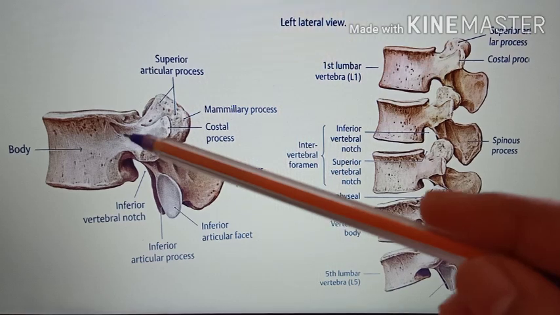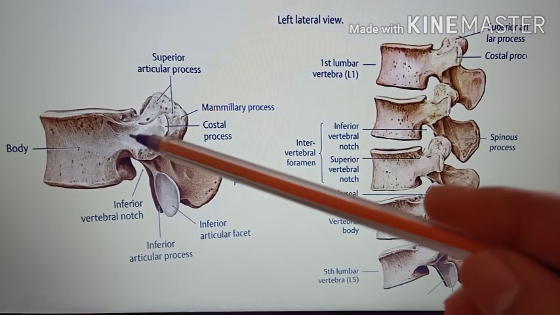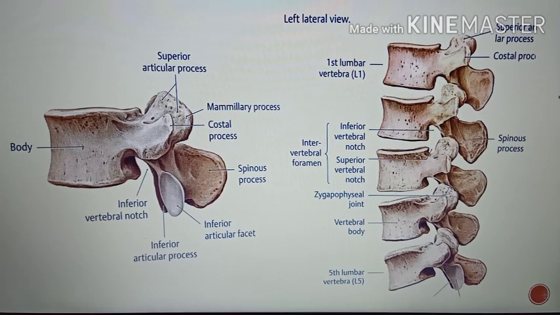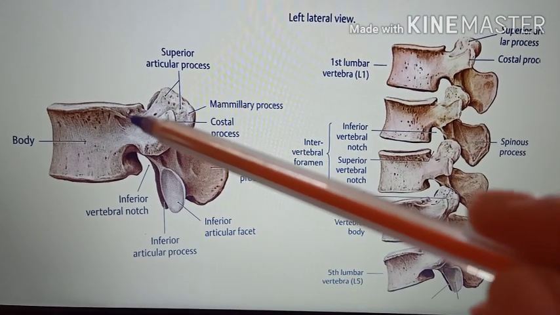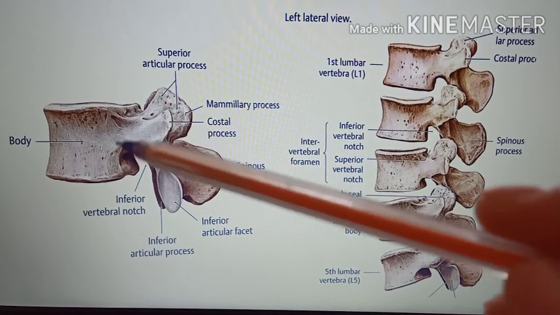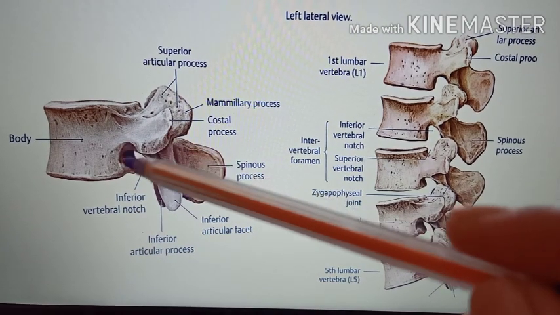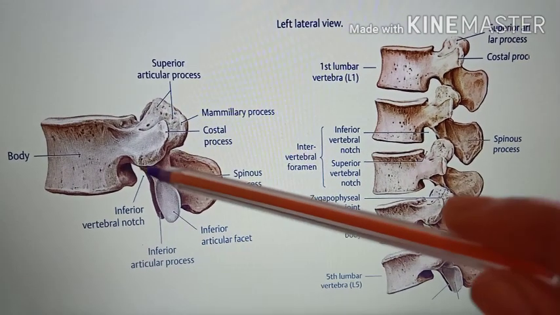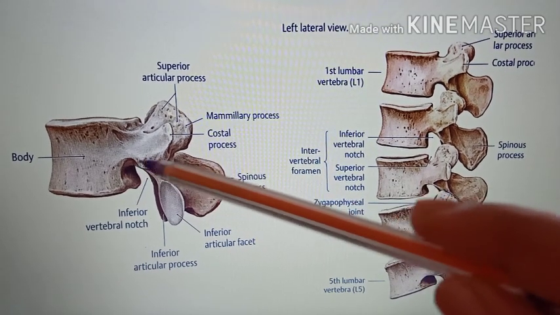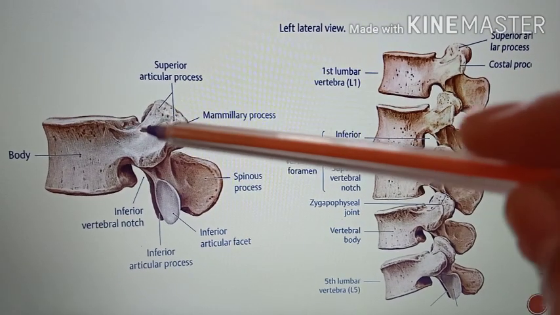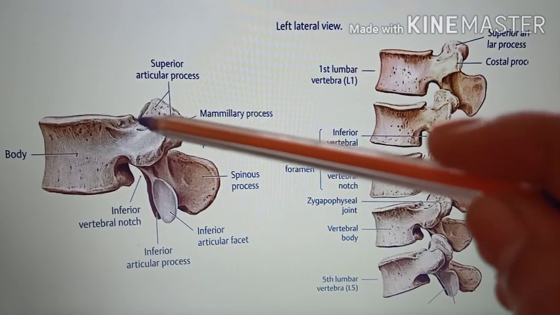So these pedicles, as they project behind, produce two notches. One is the superior vertebral notch, then below you are having the inferior vertebral notch. So these inferior vertebral notches are deeper compared to the superior vertebral notch.